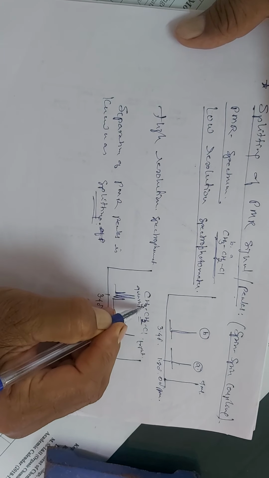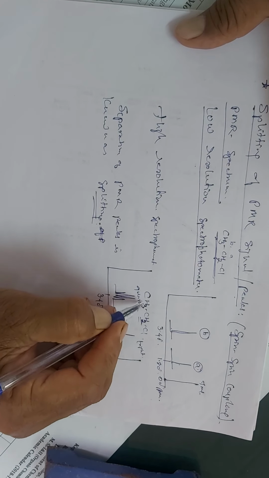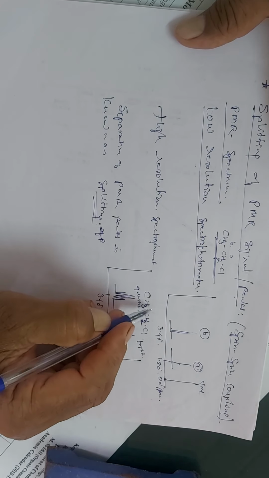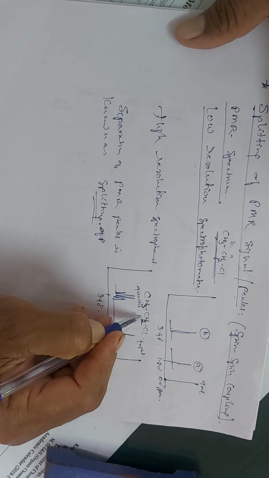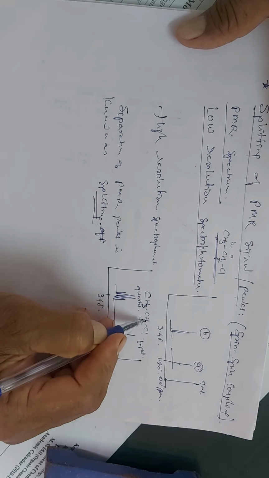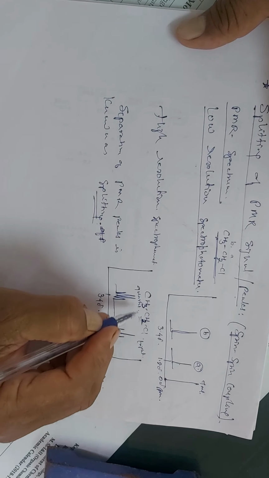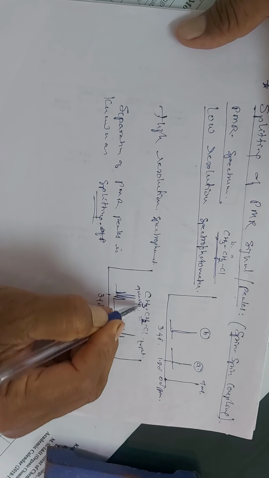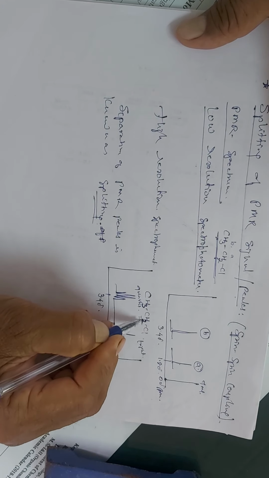These three protons, when spinning around their own axis and creating the magnetic field, interact with the neighboring two protons, which are magnetically equivalent. CH3 and CH2 protons are magnetically different, but CH3 protons are magnetically the same, and CH2 protons are magnetically the same.